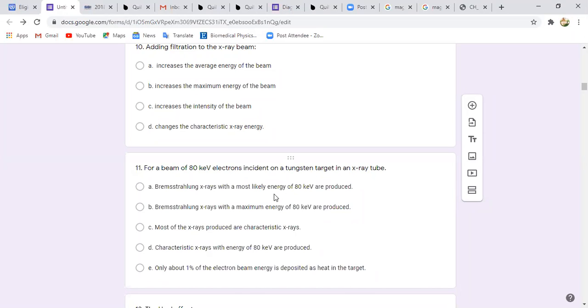A beam of 80 keV electrons. It is keV because the potential between the cathode and the anode is 80 kV.